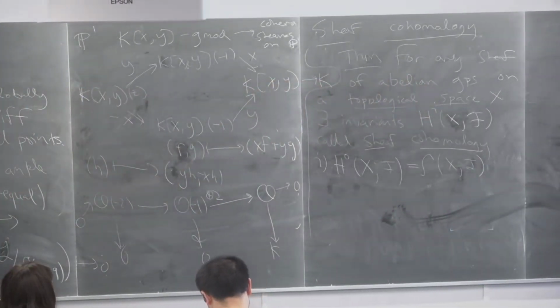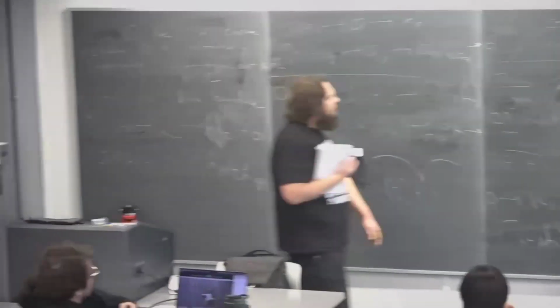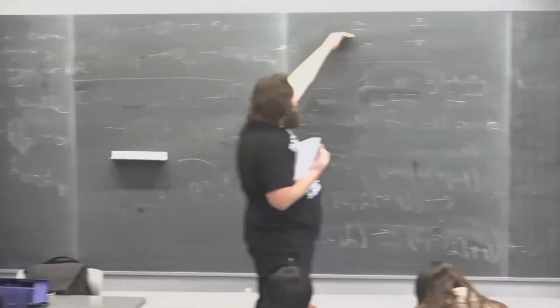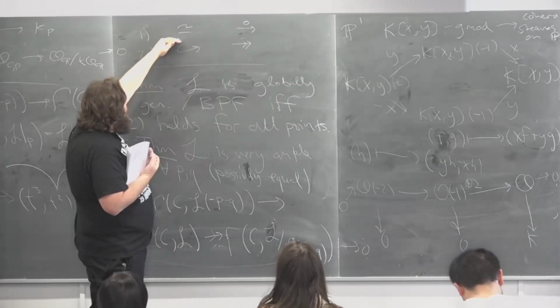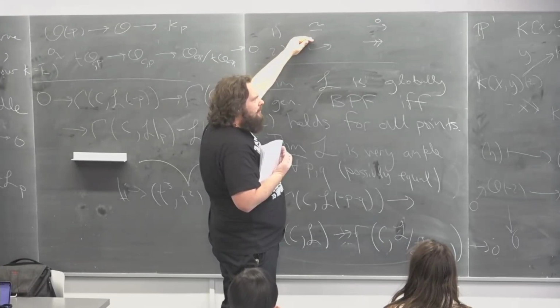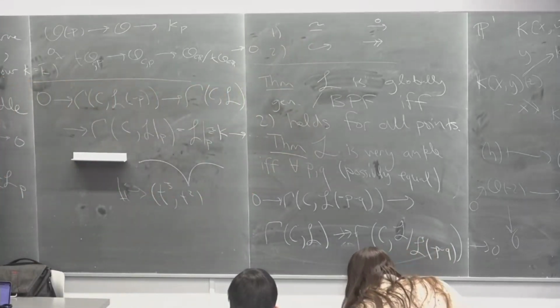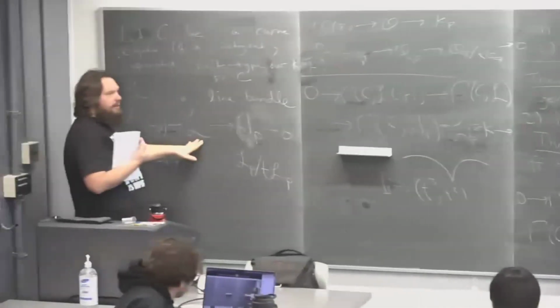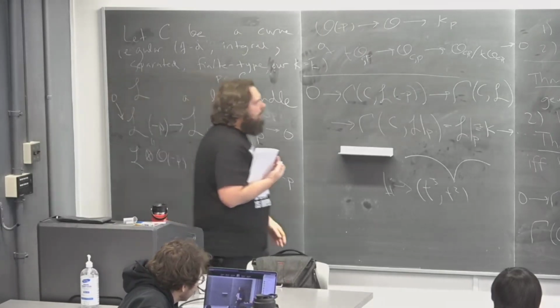One way to think about this is, when you think about this case, the number of sections isn't working out like you would expect. If I had an exact sequence, the number of sections here plus the number of sections here should be the number of sections here. That number isn't working out.